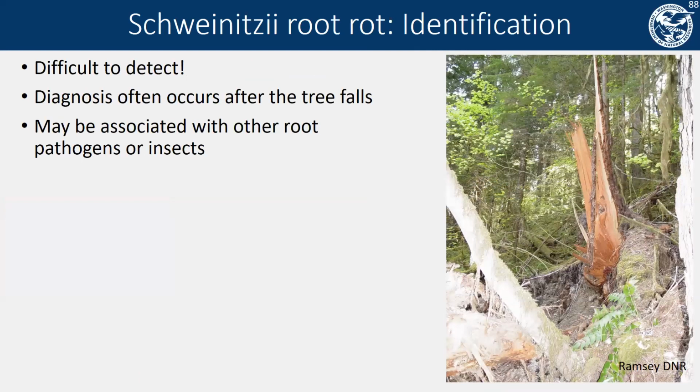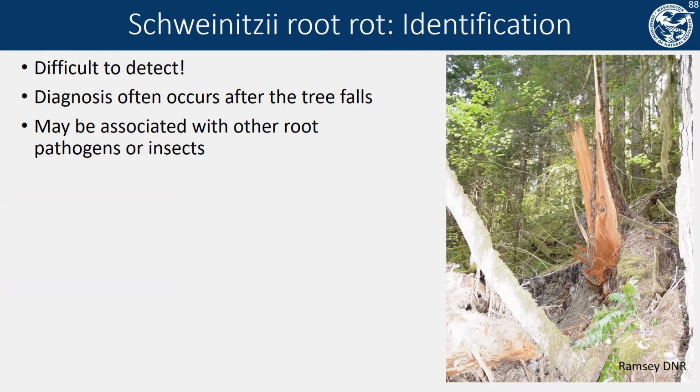So in summary, Schweinitzii is very difficult to detect, and that's why I spent so much time talking about those fruiting bodies, as that's one of the best ways to tell it is there. Unfortunately, a lot of times the tree falls and then we realize it's infected with Schweinitzii, as that's the time we can see the rot in those roots and at the lower portion of the stem.